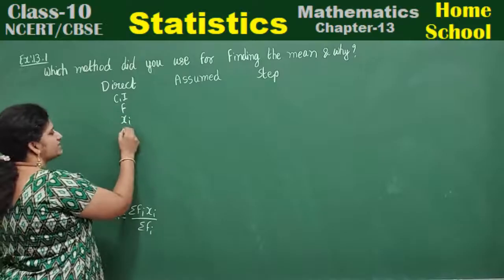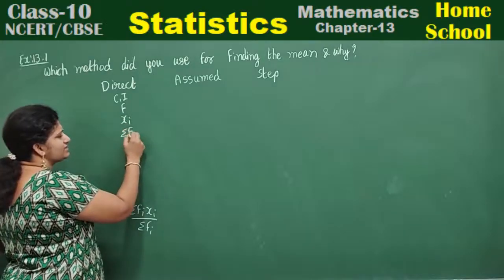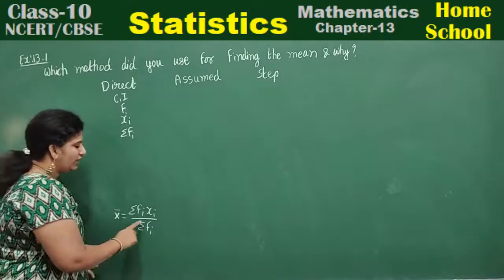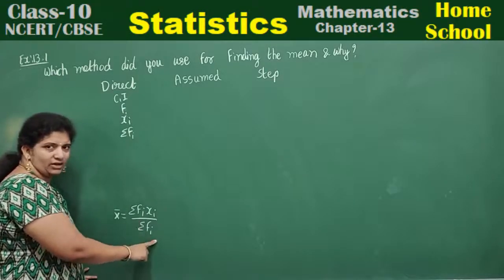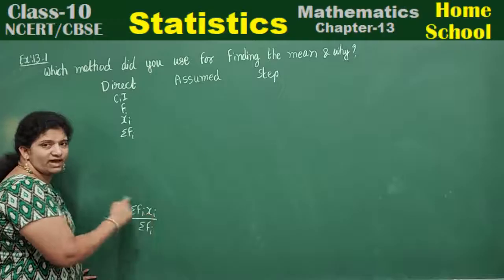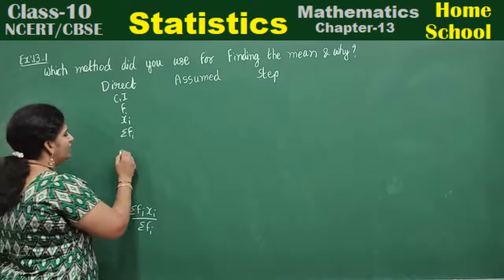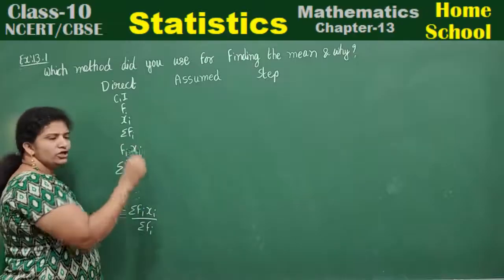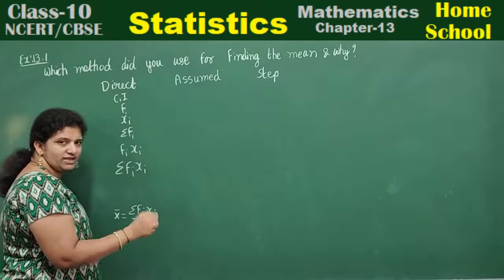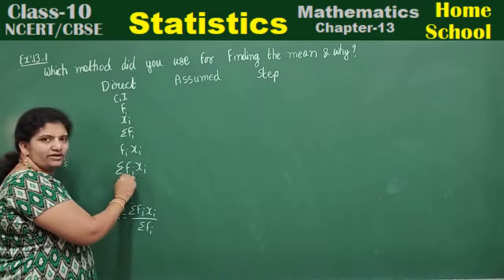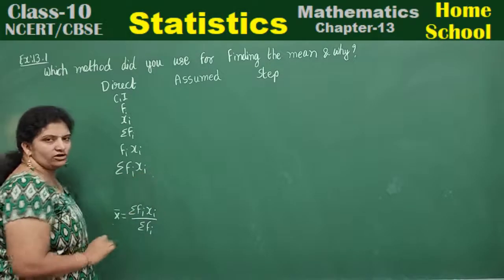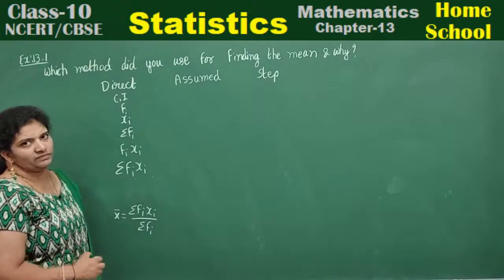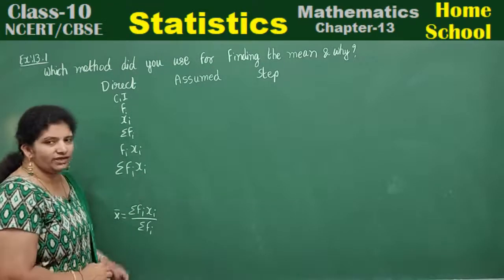Next step, add all the frequencies and say summation Fi. In this formula, summation Fi is completed, I need summation Fi xi. For that, you just multiply Fi xi. You need to sum all the values in Fi xi and write summation Fi xi is equal to the value you got. Now directly apply in the formula. With this, direct method will be completed.